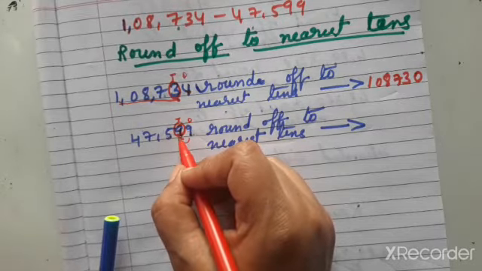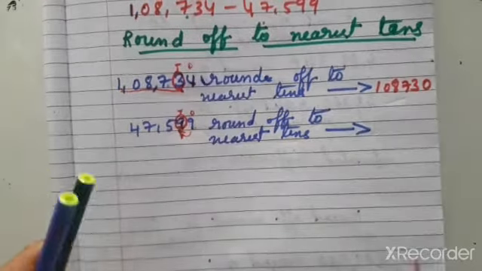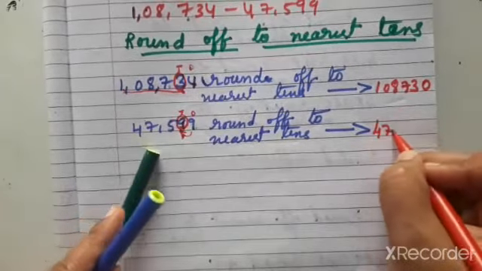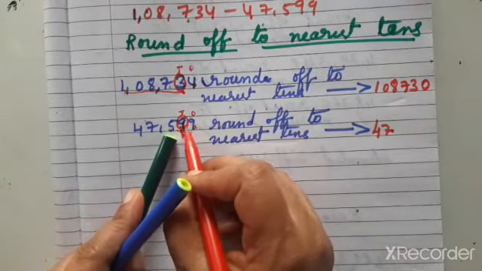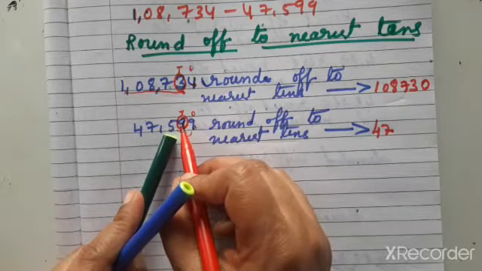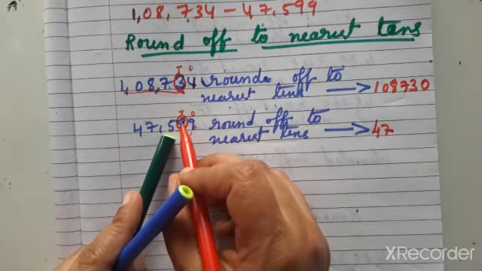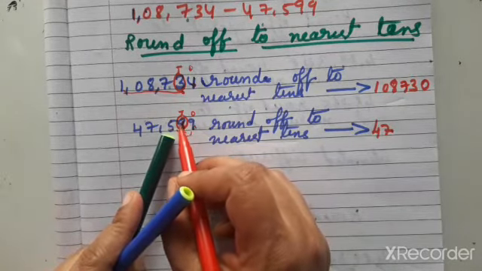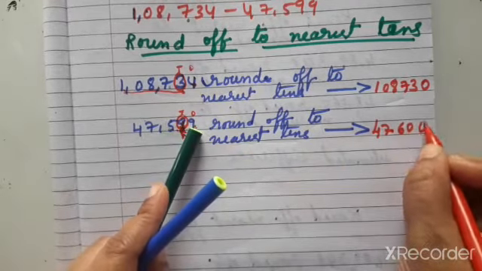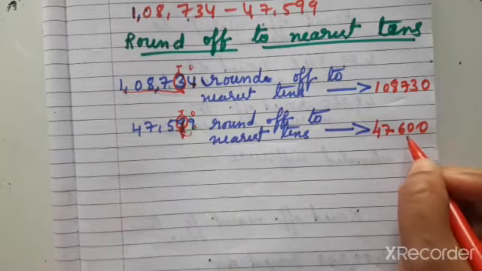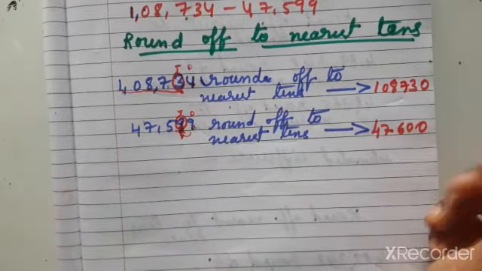Okay, 47 as it is. So 59 means 1 is added, it becomes 60. And the helper is 0 now. Once the door is knocked, that number becomes 0.